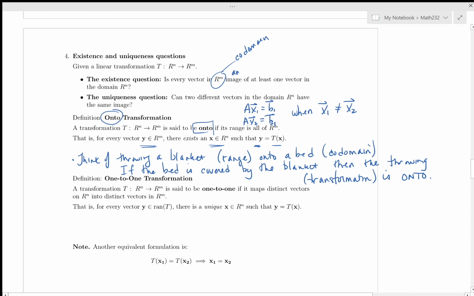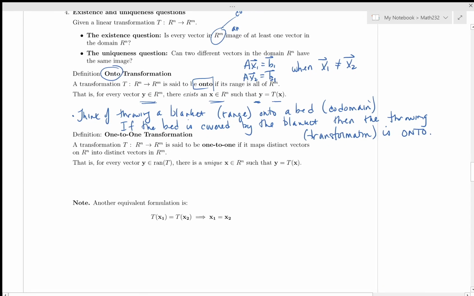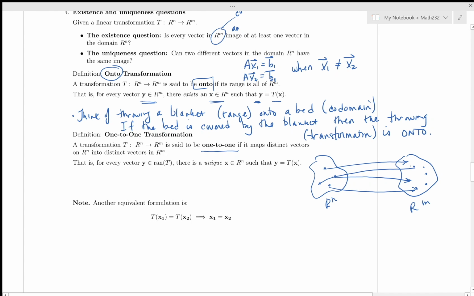Okay, one-to-one. A transformation is one-to-one if it maps distinct vectors in Rn into distinct vectors in Rm. I'm just going to draw a little picture for that one. If we have some vectors here in Rn, and over here we have our codomain Rm, then this guy is going here, this guy is going here, this guy is going here, this guy is going here.